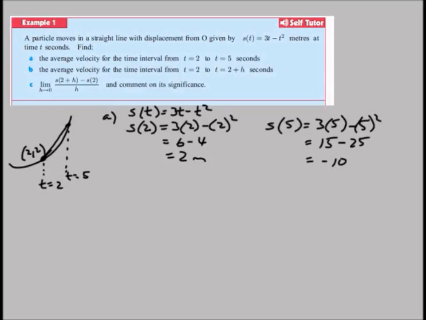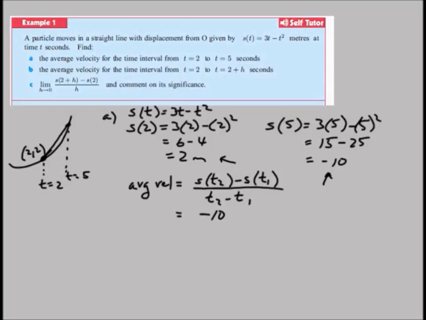So if we look at average velocity, that's going to be equal to S(t2) subtract S(t1). You don't have to do it formally like this if you don't want to. You can just take the second y value and the first y value, and divide by t2 minus t1.